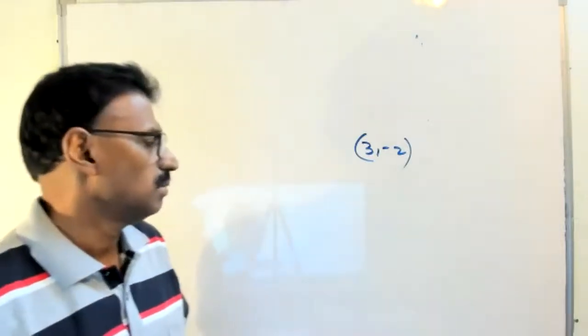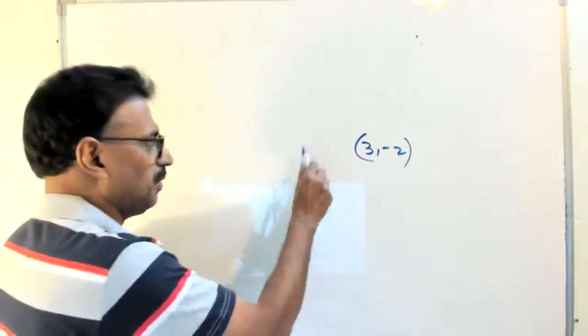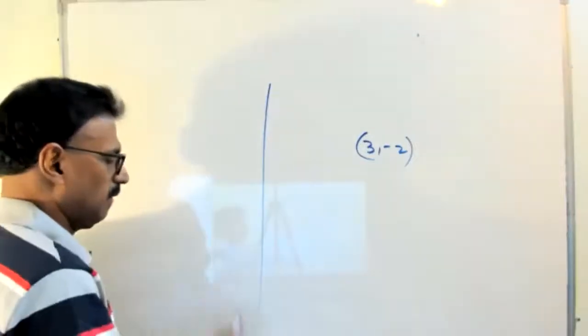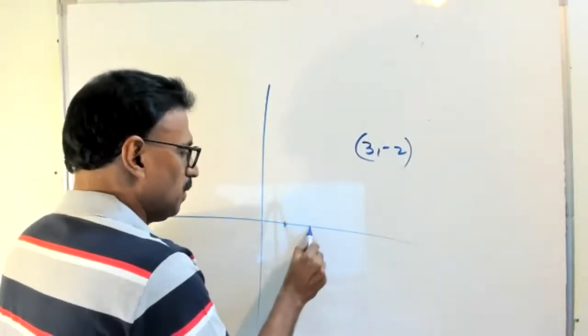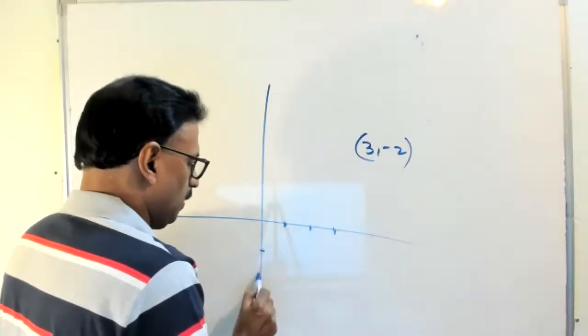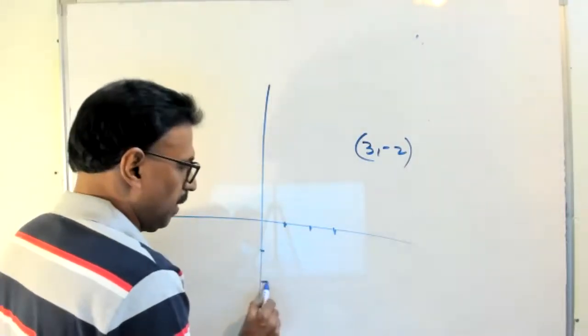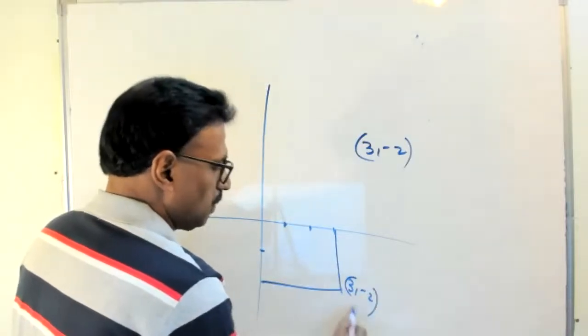Okay, look here now. 3, minus 2. After this, anyone should have an idea about this one. 3 is 1, 2, 3, and minus 2 is 1, 2.